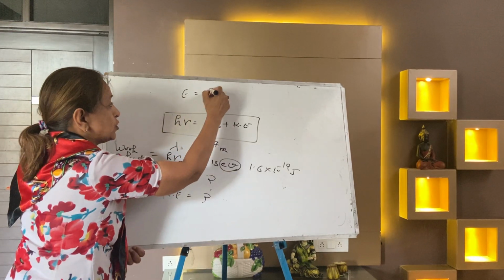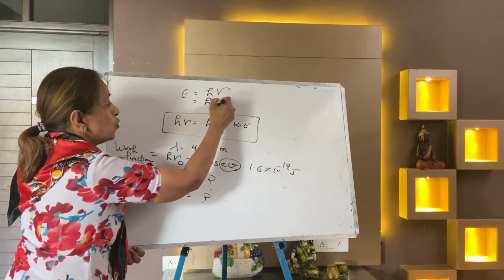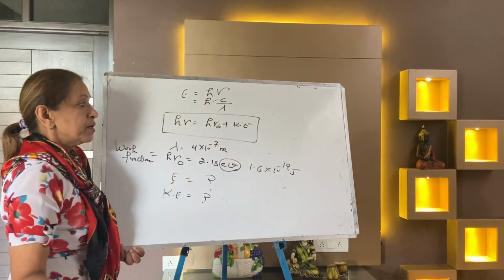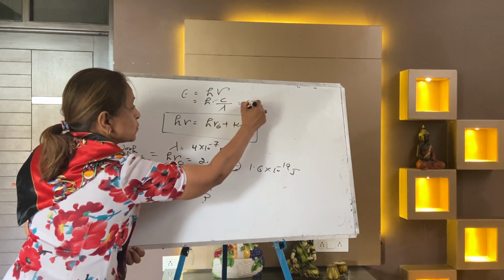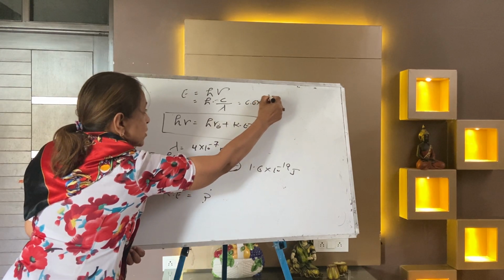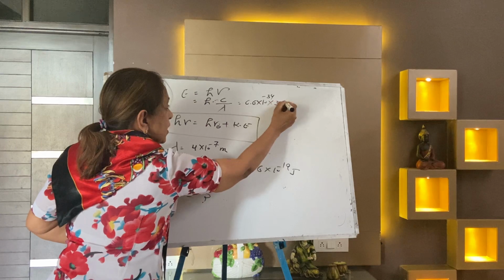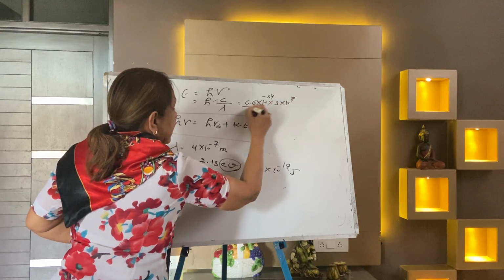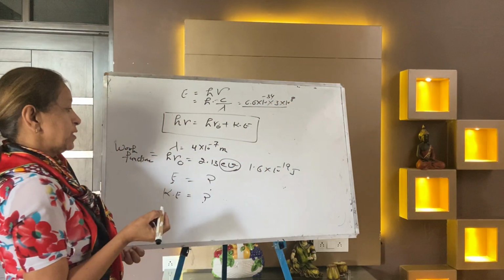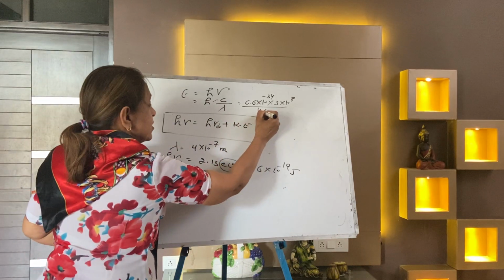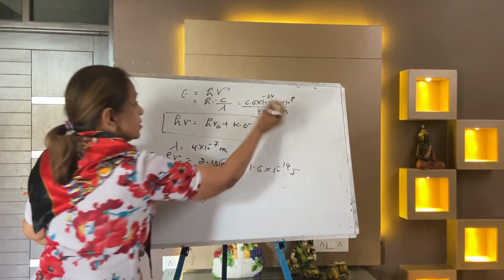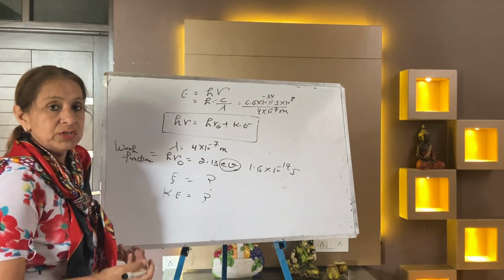E is equal to h nu, so h nu is hc by lambda. Put h as 6.6 into 10 to the power minus 34, c is the velocity of light, 3 into 10 to the power 8, and lambda is 4 into 10 raised to power minus 7 meters. In this way the energy will come.